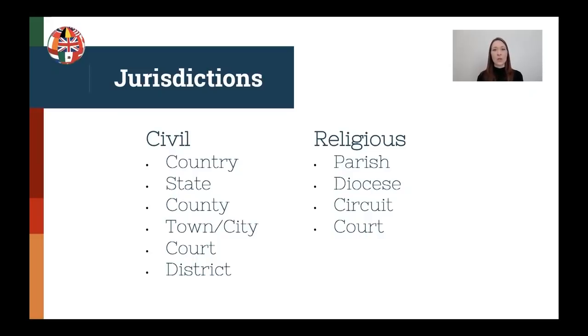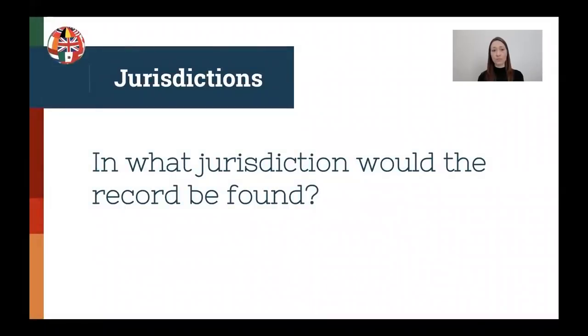A civil jurisdiction might be as big as a country, a state, a county, it could be a town, a court, a district. And religious jurisdictions can be parishes, dioceses, circuits, or a court, because in some places, sometimes religions did have their own courts.